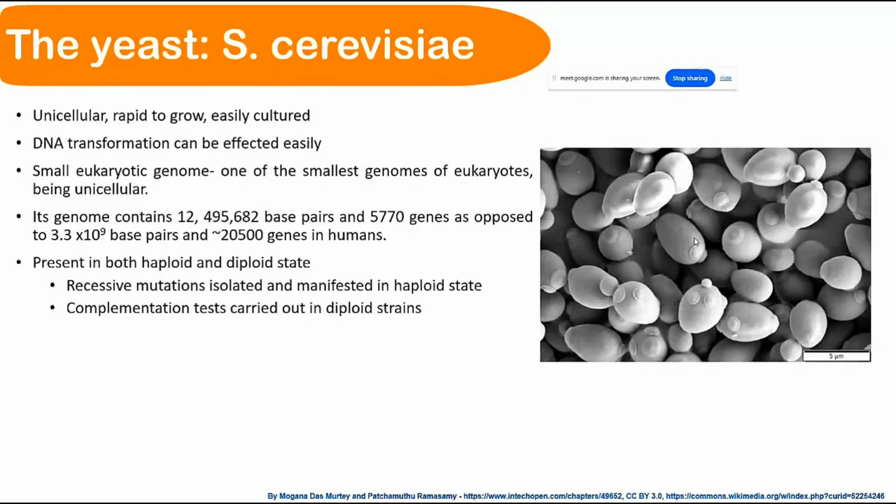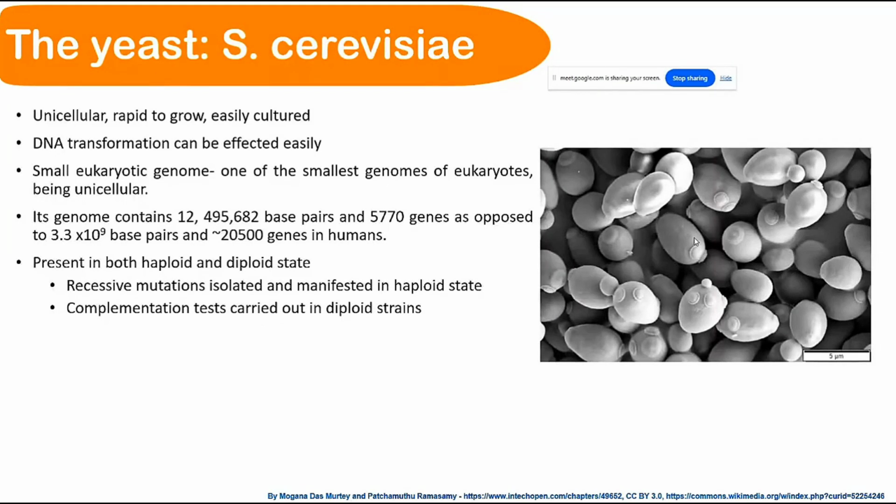If the condition is diploid, it will be difficult for us to study recessive mutations because a dominant character may come in, right? So when there are recessive mutations, the haploid condition makes them easier to study, right? So the haploid state of Saccharomyces cerevisiae makes that easy.